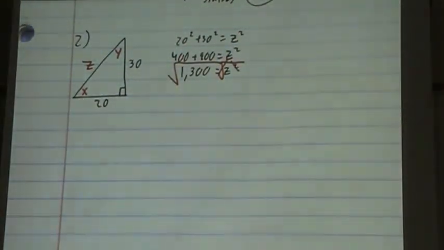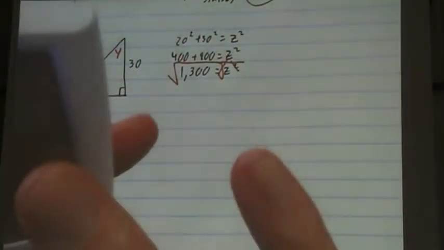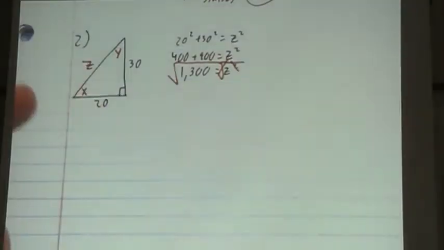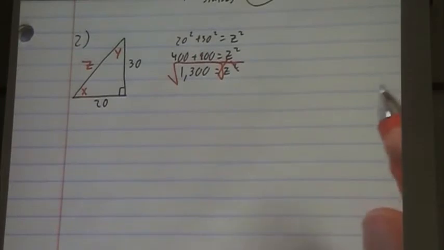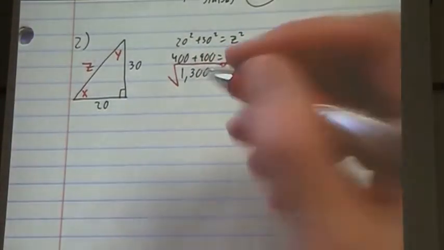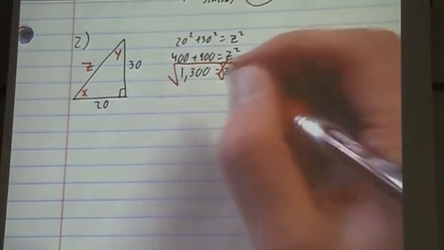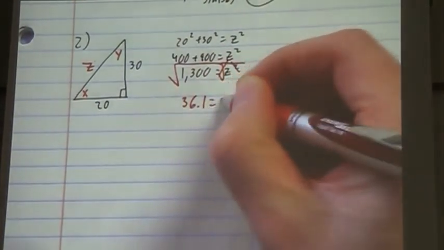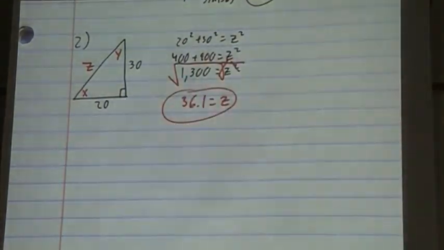And then square root both sides. So square root of 1300 is 36.0555. Oh boy. Well, we're just going to go 36.1 maybe. So I got my z.